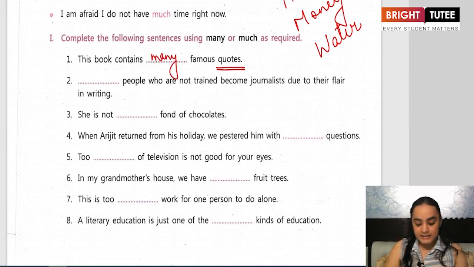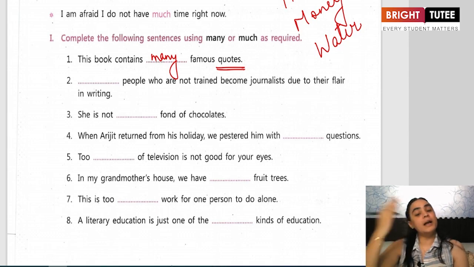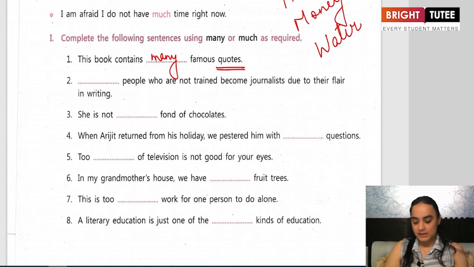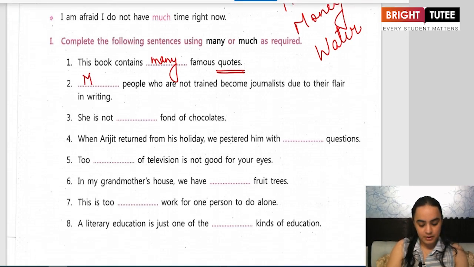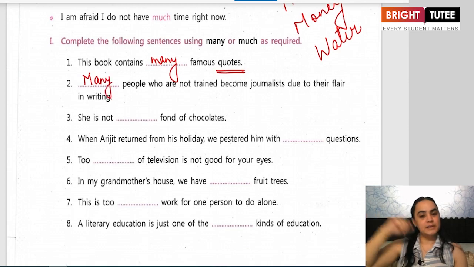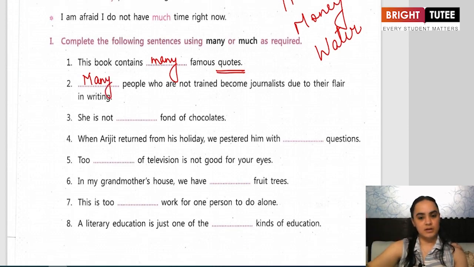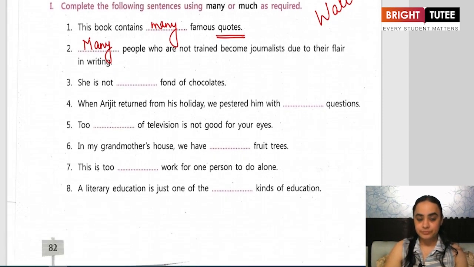Second, dash people who are not trained become journalists due to their flair in writing. Here we are talking about those people who become journalists. Again, journalists is plural in nature, so we say many. Many journalists can be seen outside, let's say, a famous cricketer's house and so on.